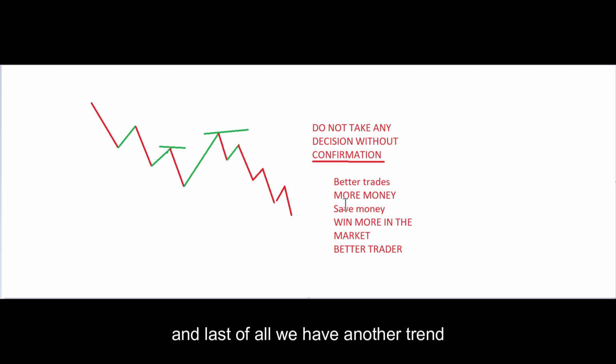And last of all, we have another trend. If you remember, I have talked about it in my last video and the video before. There is another trend which is called sideways. A sideways market goes something like this.